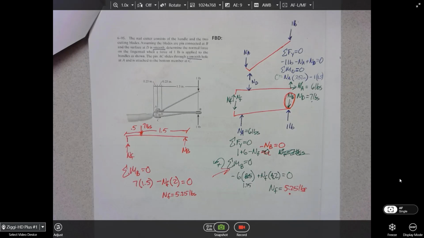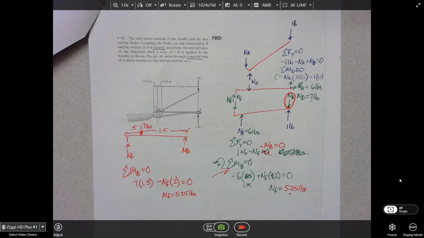Determine the normal forces on the fingernail when a force of 1 pound is applied to the handles as shown. The pin AC slides through a smooth hole at A. So these smooths, right, are key because that tells us that right here I've just got a vertical normal force, which means I've got a vertical equal and opposite force there, that this will be in D. Right? Everybody okay with this?